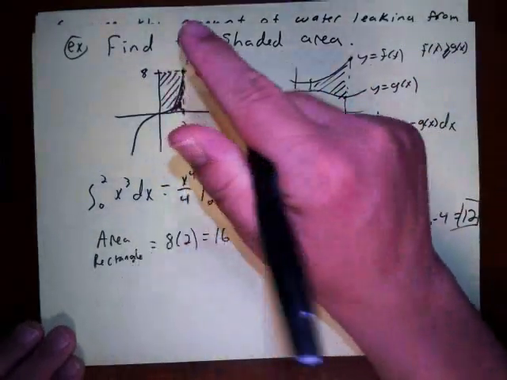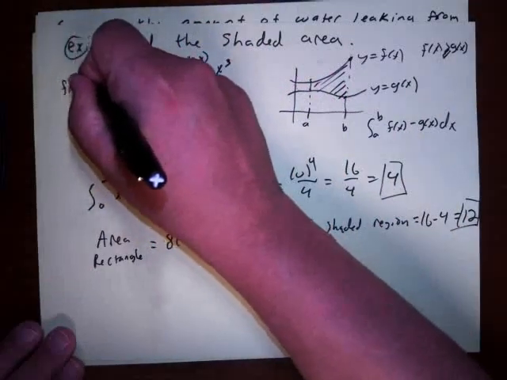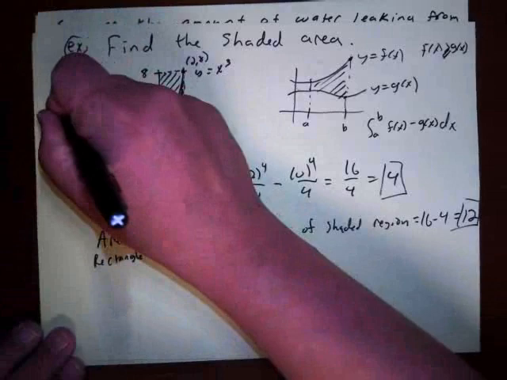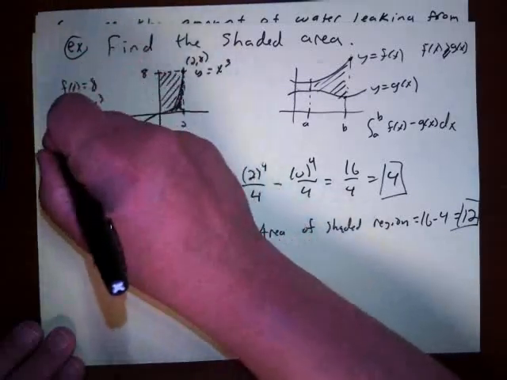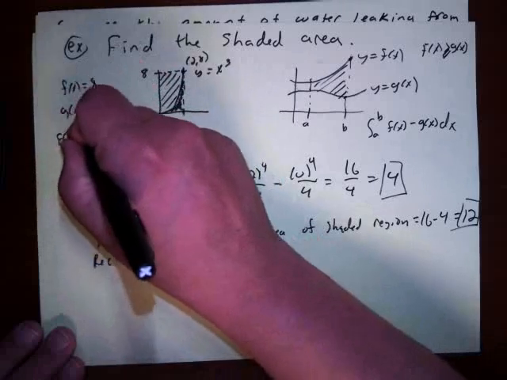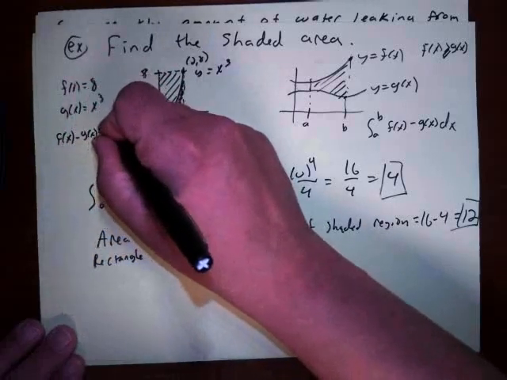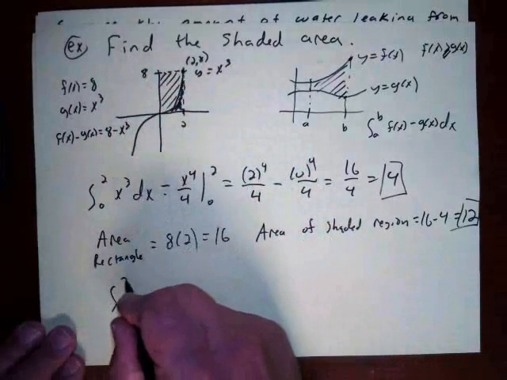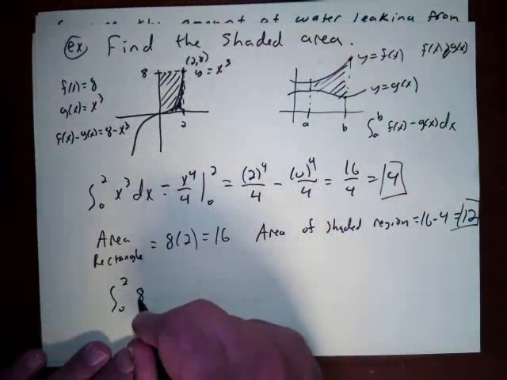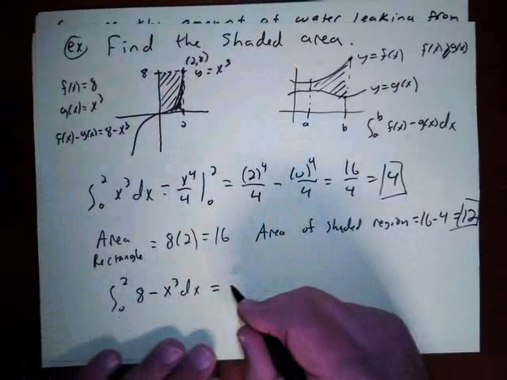So this basically is two functions where our f of x is equal to the constant function 8, and our g of x is equal to x cubed. And so our f of x minus g of x in this case is just 8 minus x cubed. And so I could have integrated from 0 to 2 of 8 minus x cubed dx. And this would have given me the same thing.